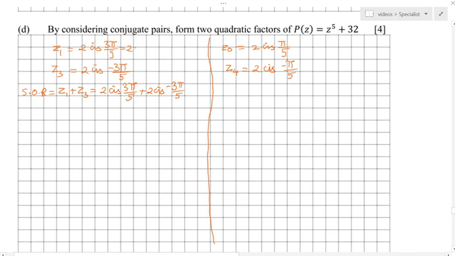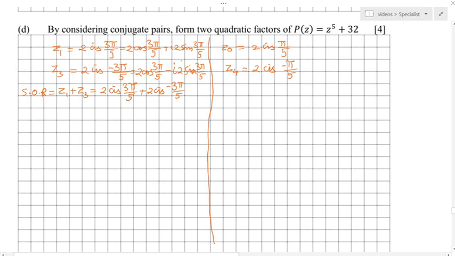So we get 2 cos 3 pi over 5 plus i sin 3 pi over 5, and this becomes 2 cos 3 pi over 5 minus i sin 3 pi over 5, times 2.